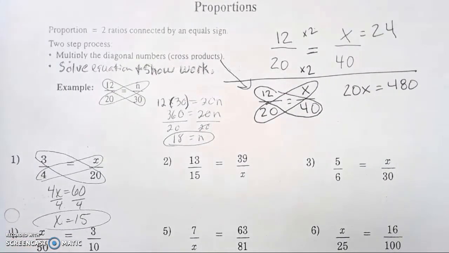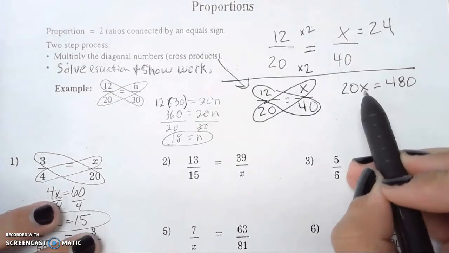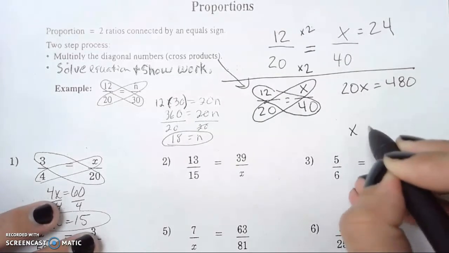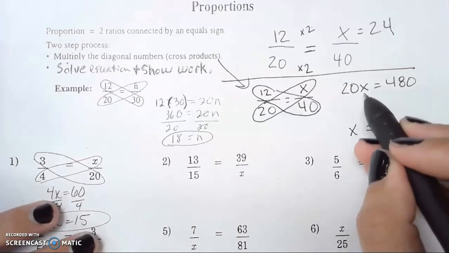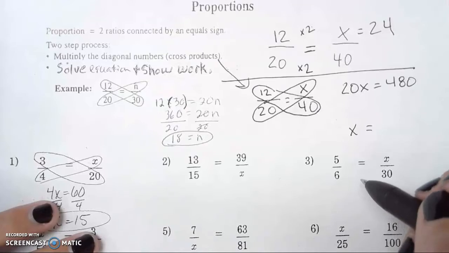And notice how we just have what we call a one-step equation now, okay? And how we solve one-step equations is we want to get our value of x by itself, since that is what we are trying to solve. We are trying to get x equals. Well, to get x by itself, we need to move this 20 over to the other side.